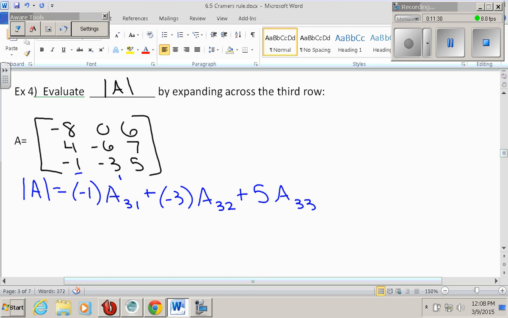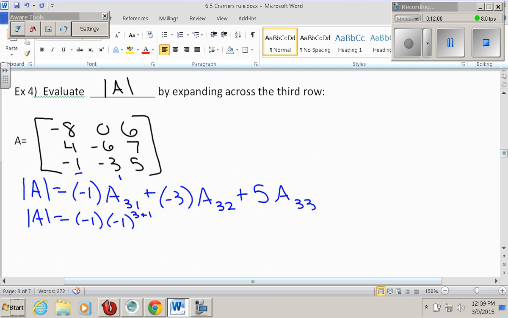So you do have to know what those cofactors are, so we are going to have to go through that and do that. So we have -1. And there's your third row, first column, raised to the 3 plus 1.